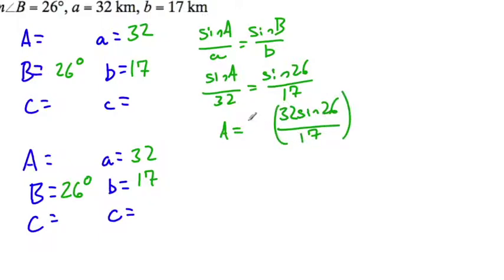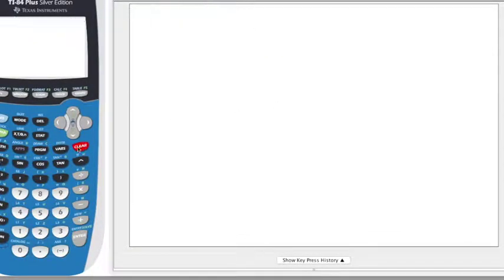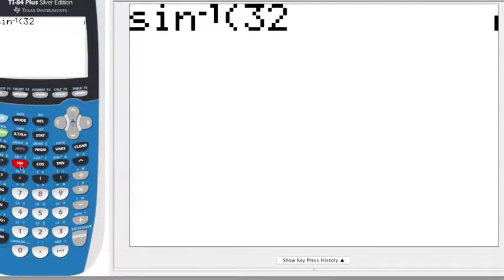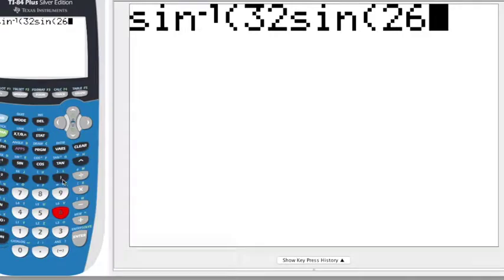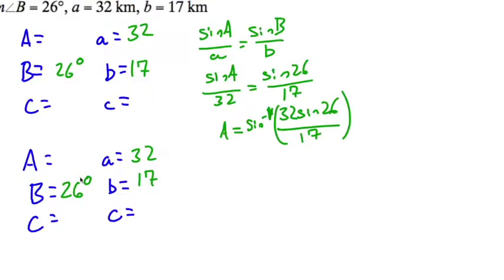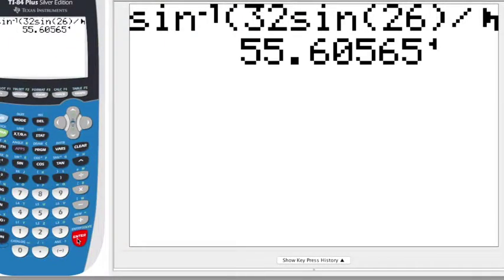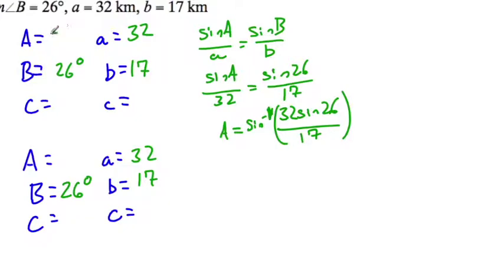And to get that angle A by itself, I just take the inverse sine of all of that. So if I take the inverse sine of 32 times the sine of 26 divided by 17, and I put that all in my calculator, I get that angle A is 55.6 degrees.